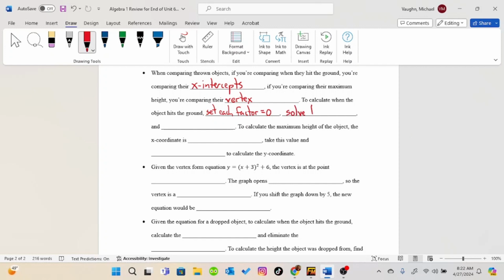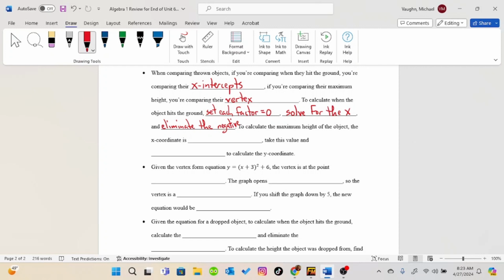Solve for the x and eliminate the negative. So you only want to keep the positive x-intercept.